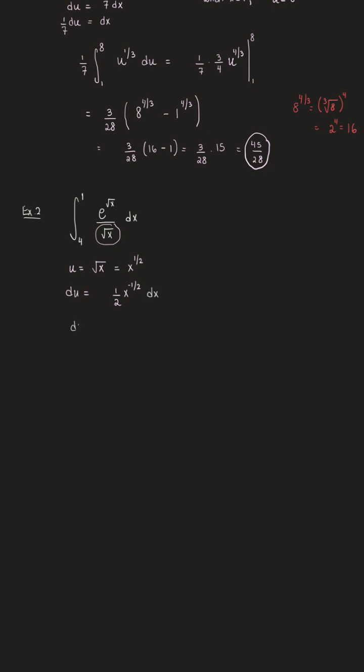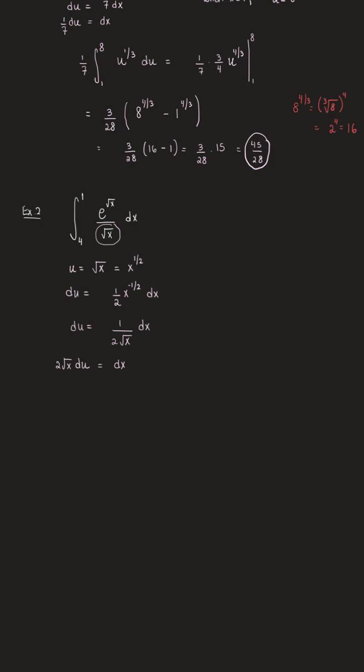So I'm going to just rewrite this as 1 over 2 square root of x. I brought the x to the denominator because it's raised to the negative 1/2 power, dx. So dx is 2 square root of x du.